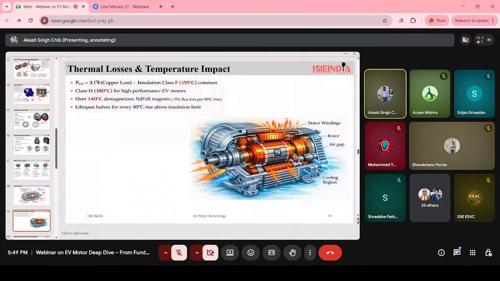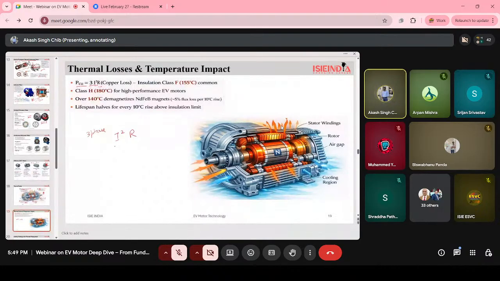You can see here the copper loss is equal to 3 times I_R squared into R. We can calculate all the losses by formula. Here 3 times means we have 3 phases, and in each phase we are increasing the current, and R is the resistance. This is our copper loss.